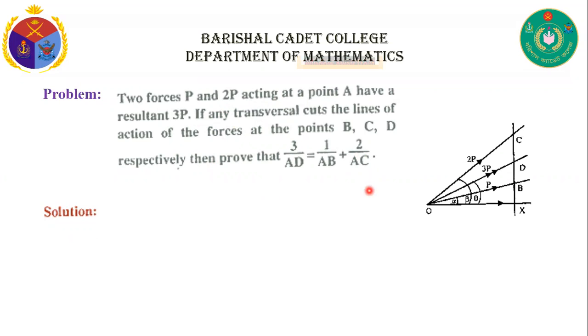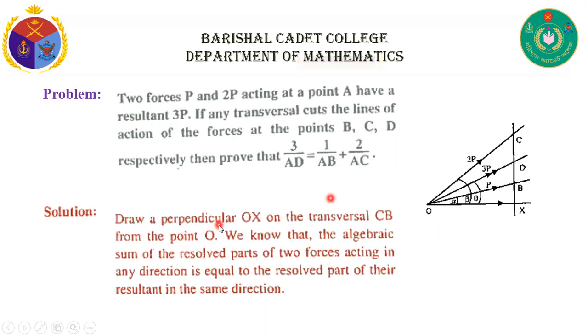Here OX is the x-axis, and here OB, OC and OD are the three lines, and the transversal intersects at points B, D and C.